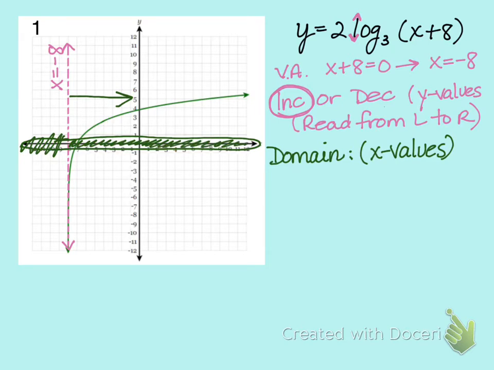So how do we explain that we're not using the left part of x equals negative 8 and only everything to the right?